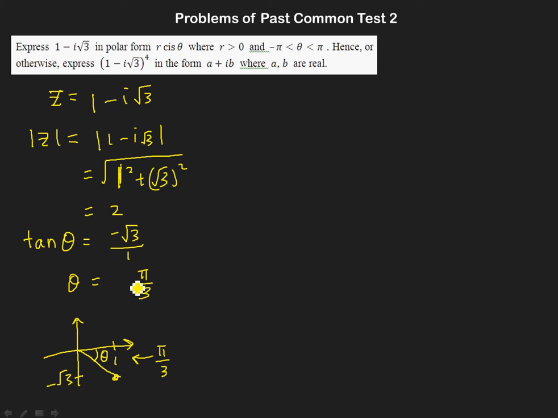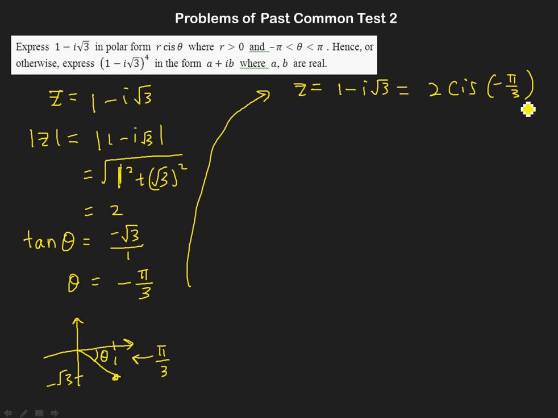Because it is in the 4th quadrant, I'm going to put a negative. Okay, so that means z is 1 minus square root of 3i, which is equivalent to 2 cis negative pi over 3.